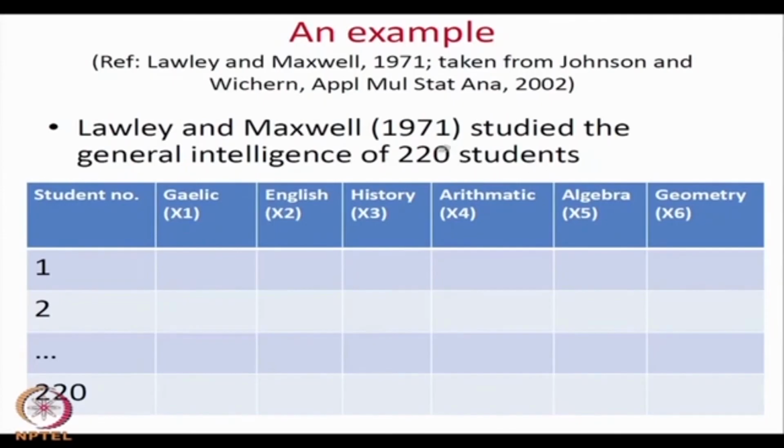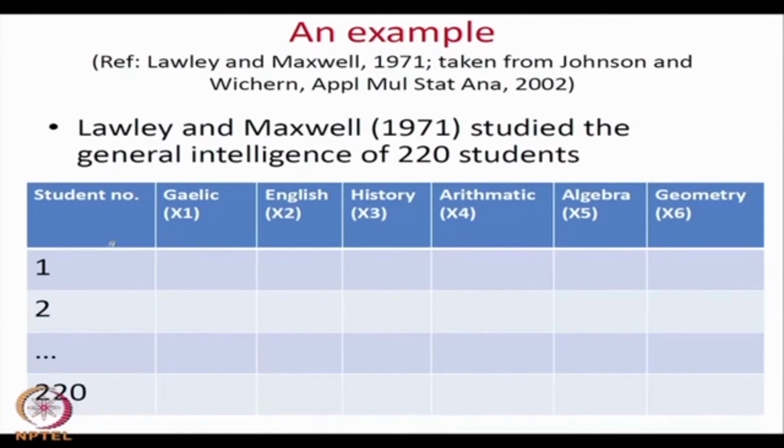So, 220 students were considered, and the variables that were taken are observed variables. The first ones, Gaelic, English, history, are the verbal subjects, and arithmetic, algebra and geometry are the mathematical subjects.